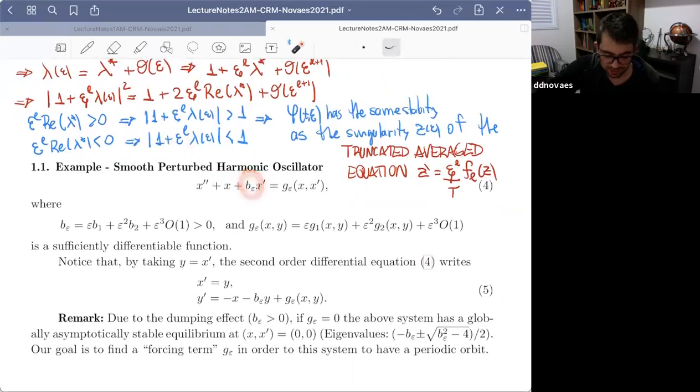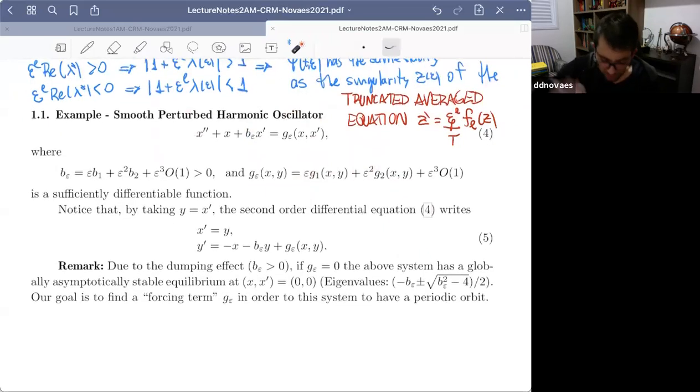B epsilon is a perturbation term, where B epsilon is equal to epsilon B1 plus epsilon squared B2 plus higher order terms in epsilon, and G epsilon, which may contain nonlinear terms, is also a perturbation, equal to epsilon G1 plus epsilon squared G2 plus high order terms in epsilon. So the idea here is to find conditions on B epsilon and G epsilon so that this second order differential equation admits periodic solutions.